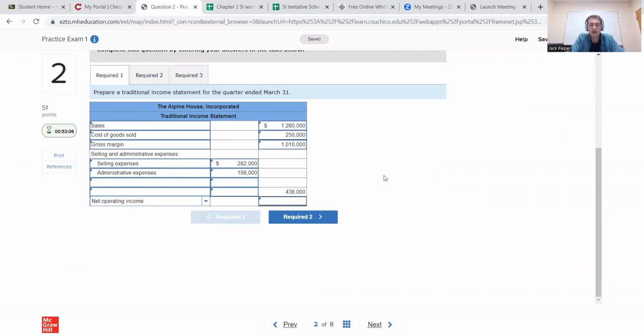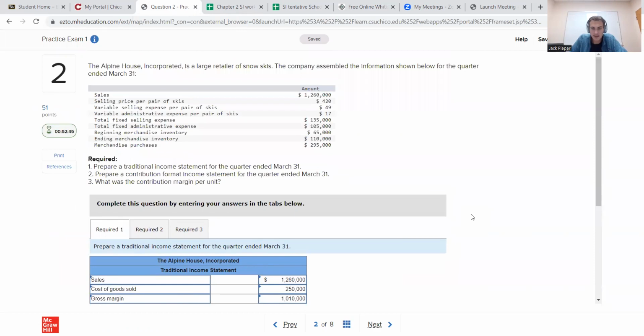All right. So then I will do the gross margin minus the 438,123. That'll be 572,000. Now, moment of truth. Did I get all my costs up here?